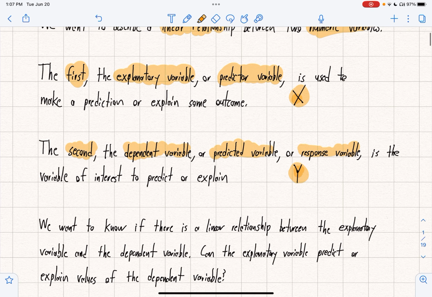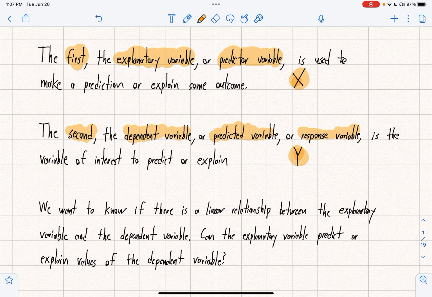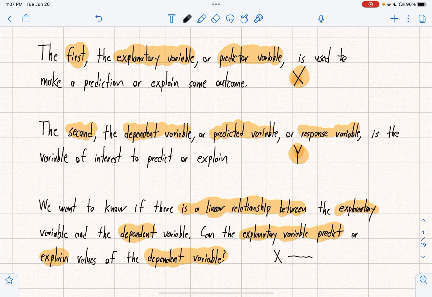So we're asking ourselves, is there a linear relationship between the explanatory variable and the dependent variable? Can the explanatory variable predict or explain values of the dependent variable? So basically restating what we have, but basically, can x predict y?